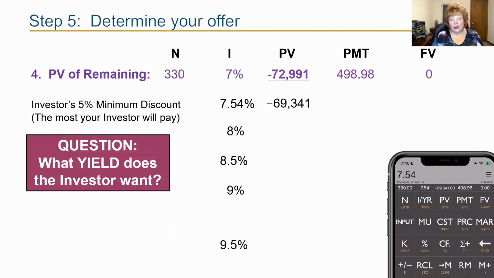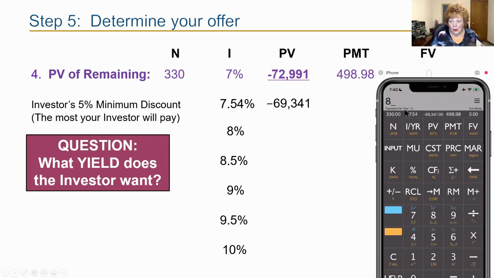As I mentioned before, you have to look at what yield the investor wants. And this is what I meant about once you set up step 4, it gets everything in order. You can go 8 into I, solve for PV.